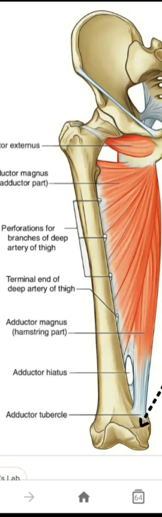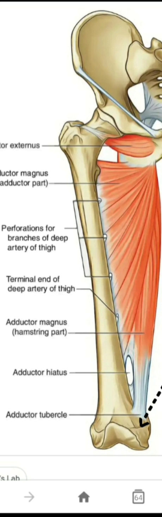So it means that there is an opening available for the transport of the femoral artery and vein from the adductor canal in the thigh to the popliteal fossa at the posterior part of the knee. So the adductor hiatus is only present for vessels to transmit from the anterior compartment to the posterior compartment.